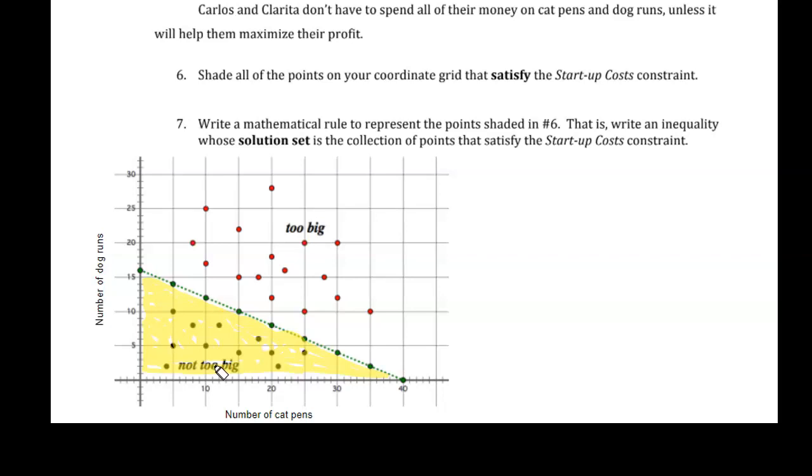And so then we are looking at the points that are actually on the line, and do those in fact meet or satisfy that cost constraint? And we know that the answer to that question is yes. Yes, they do. Those combinations of cats and dogs would cost exactly $1,280.